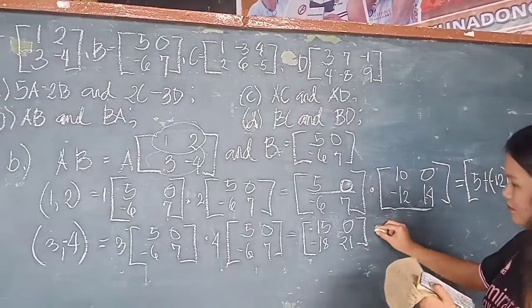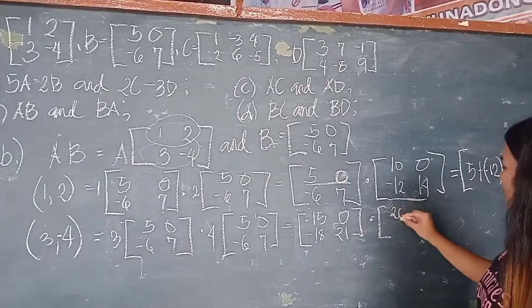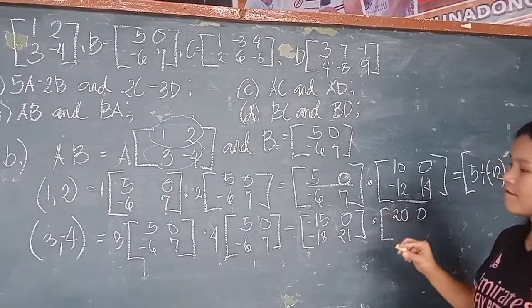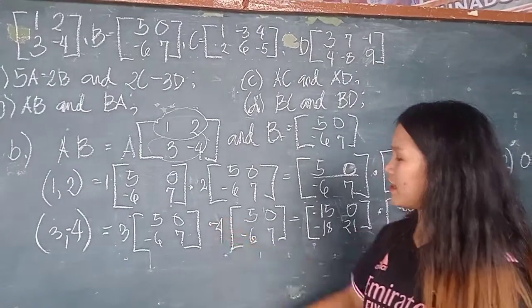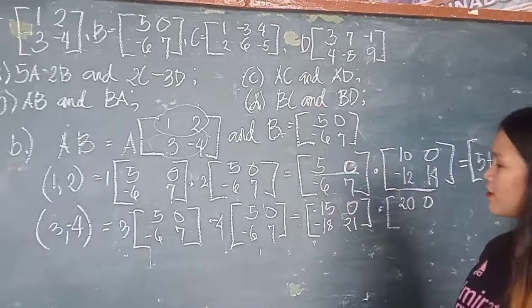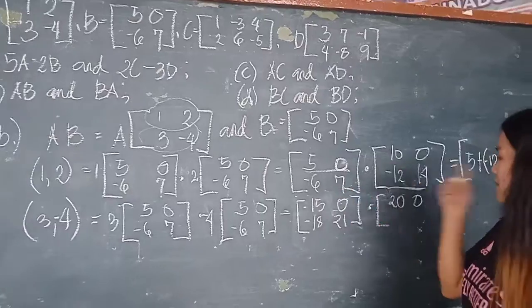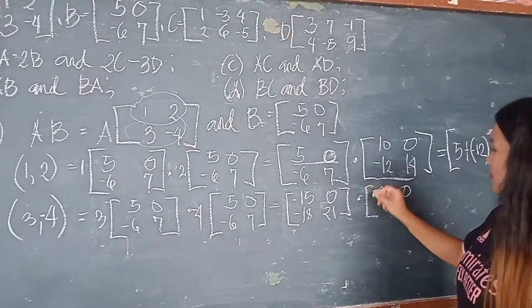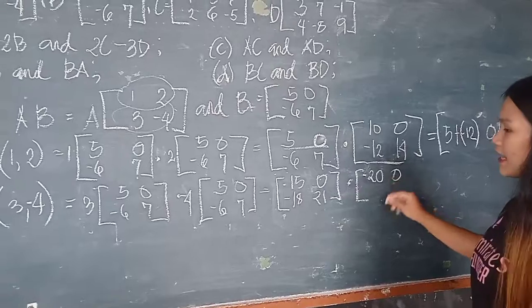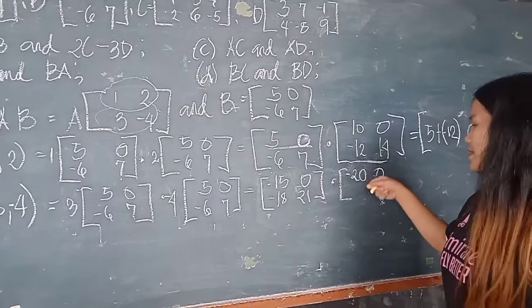So, negative 4 times 5 equals negative 20, and negative 4 times 0 equals 0, or 0 itself.